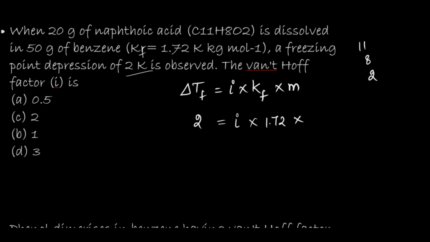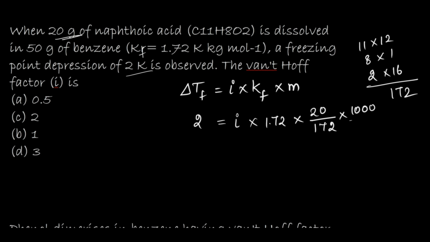20 grams of naphthoic acid. So 20, mass by molecular mass. Molecular mass of naphthoic acid is 11 into 12, 8 into 1 and 2 into 16. So in total you will get 172. 172 into the total mass, that is 50 grams. For the grams to kilogram conversion, I am multiplying with 1000.